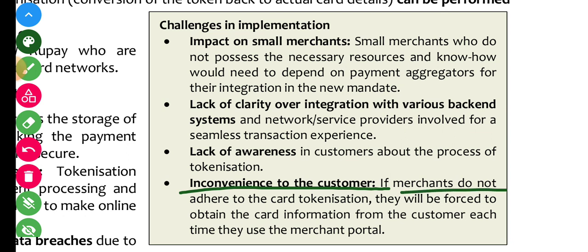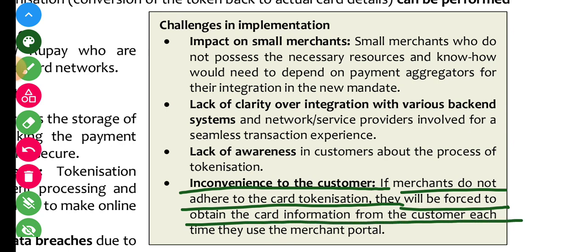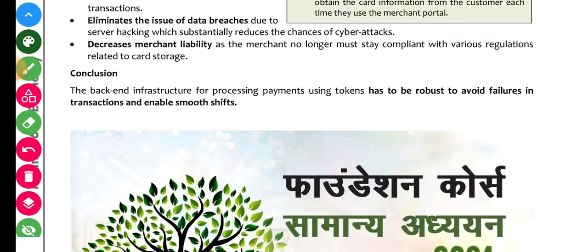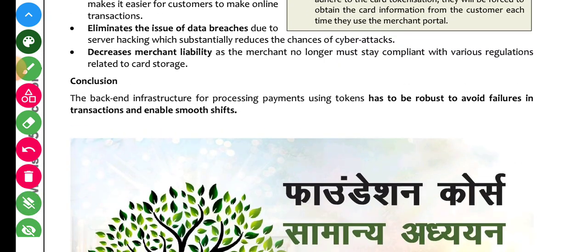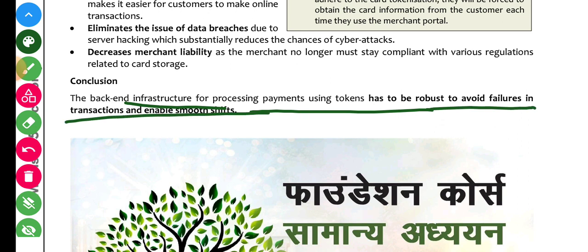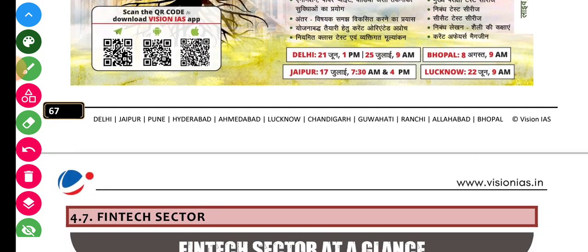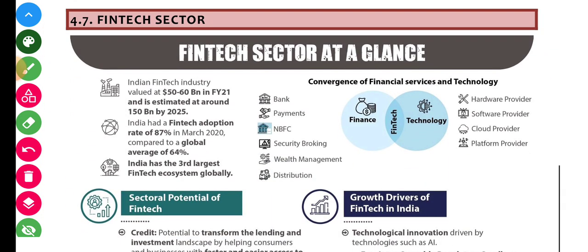If merchants do not adhere to card tokenization, they will be forced to obtain the card information from the customer each time they use the merchant portal. Keep this in mind. To conclude in your answer, the back-end infrastructure for processing payments using tokens has to be robust to avoid failures in transactions and enable smooth shifts. Keep this in mind about tokenization.